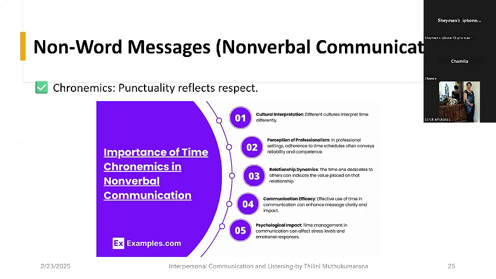If you manage your time, plan everything previously and do it according to the time, then you don't have that much stress, because you have prepared well. If you have not prepared well and have not used the time to prepare yourself, then your stress levels go up, your emotional level also goes up, and you cannot deliver what you want to say, right? So this chronemics is very important.